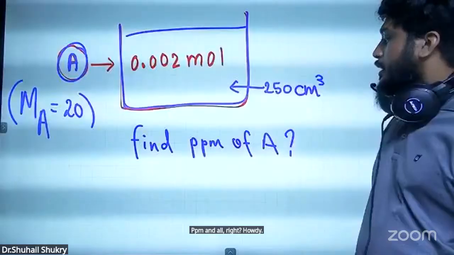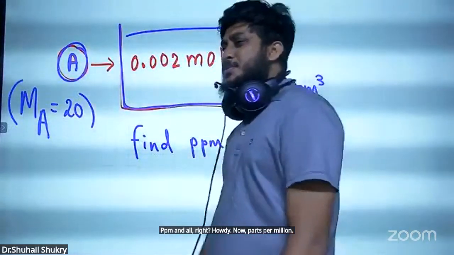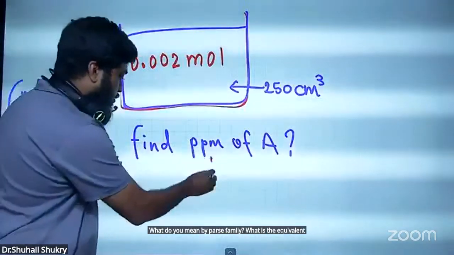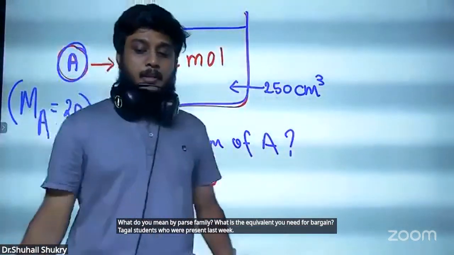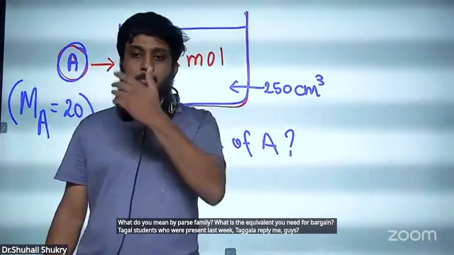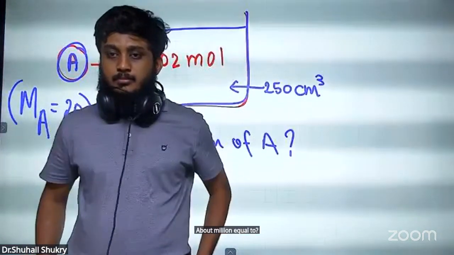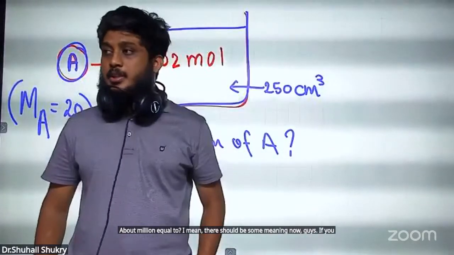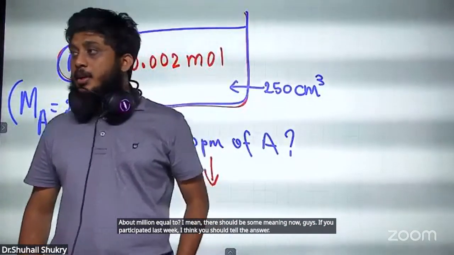Now, parts per million. What do you mean by parts per million? What is the equivalent unit for parts per million? Students who were present last week, reply to me, guys. If you participated last week, I think you should tell the answer.